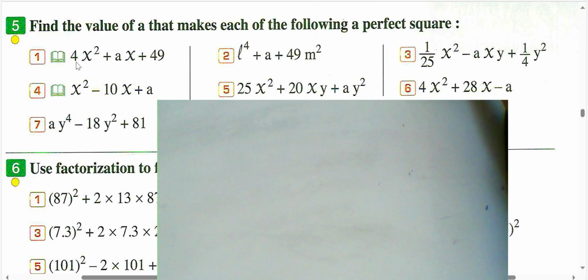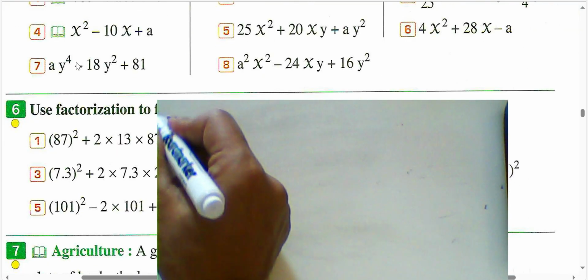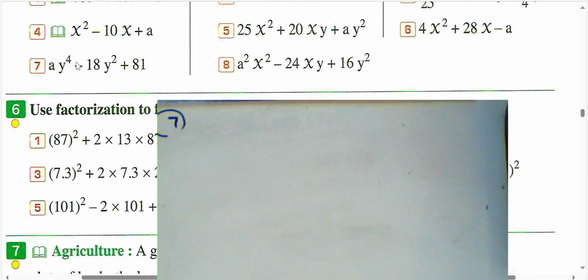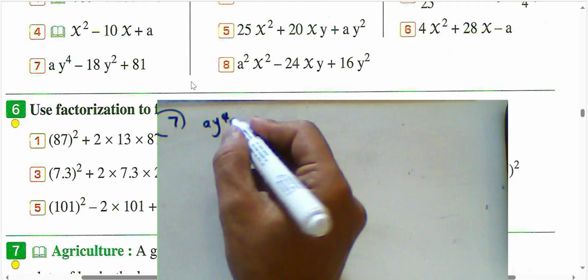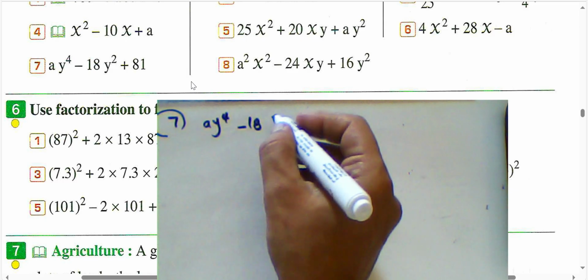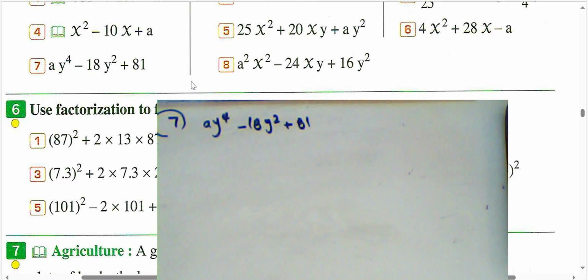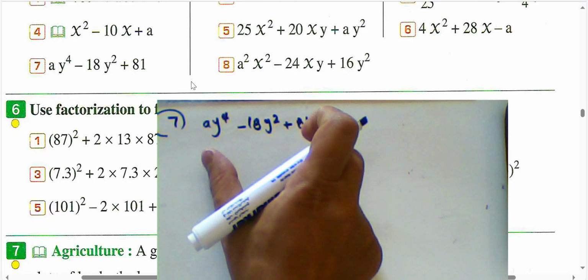Next question, number 7. Okay, pay attention. We have ay power 4 subtract 18y power 2 plus 81. We want to find the value of a because this expression needs to be a perfect square.